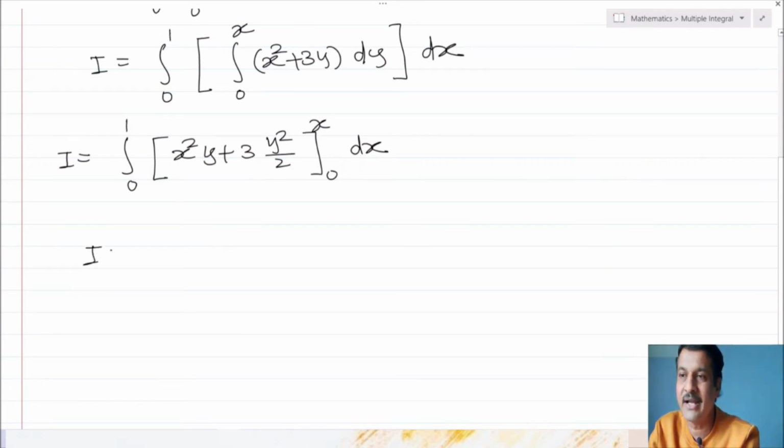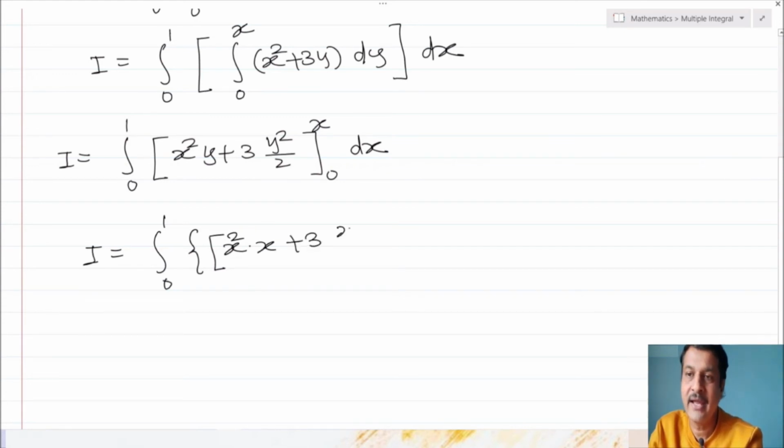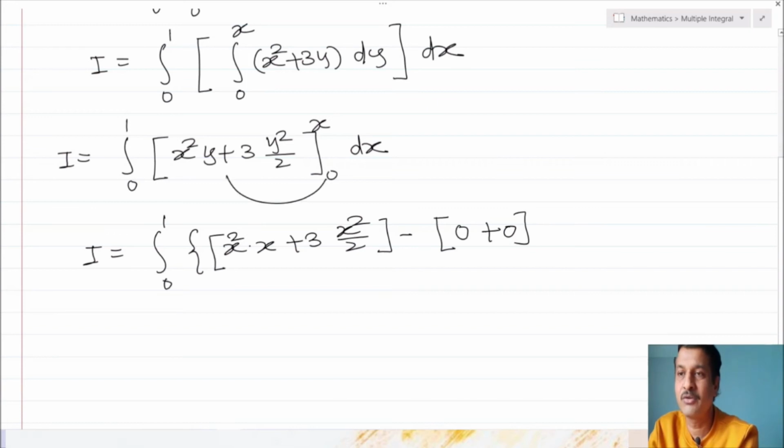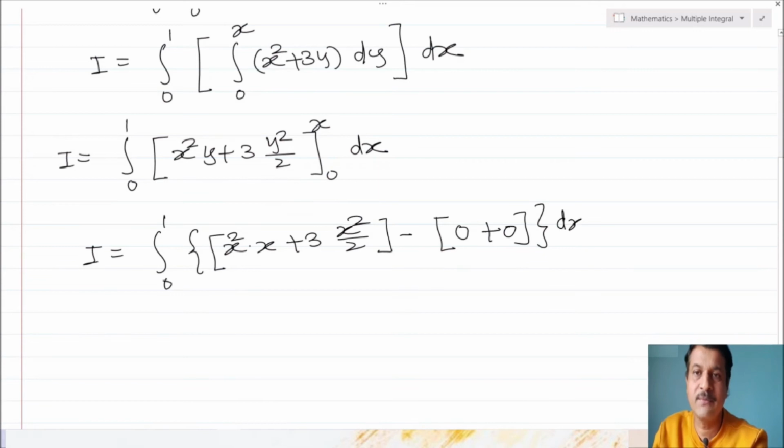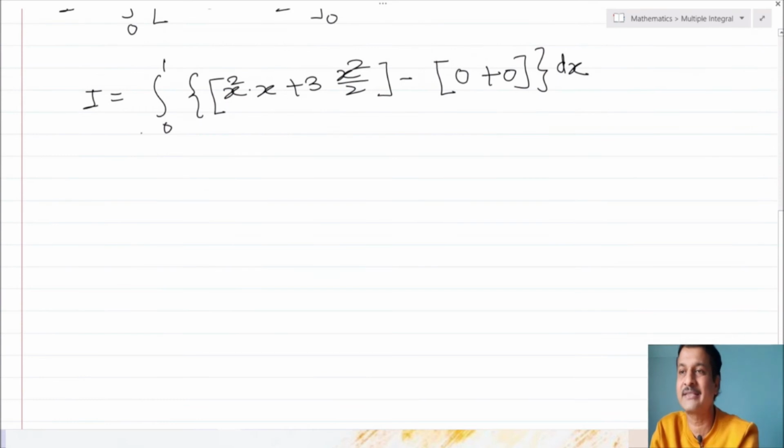So I equal to integration 0 to 1, upper limit is x, so I am getting x square into x plus 3 x square by 2, minus the lower limit, as y equal to 0, I am getting 0 plus 0. So simplify this and you will get a single integral, and then integration with respect to x. You can see, even though it is double integration, it is very easy, only evaluate systematically, step by step.